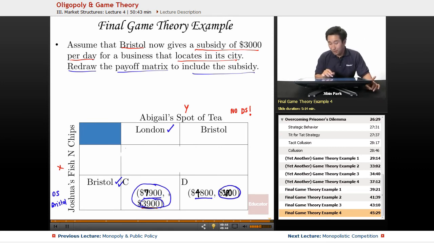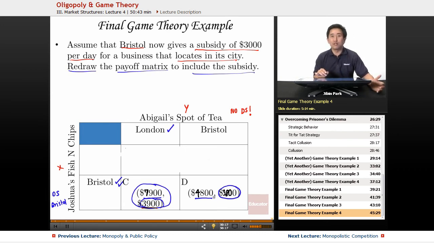Now, there's a point of contention here. One could argue that $3,900 is simply not that much more than $3,800. So if for some reason Abigail is competing with Joshua and the idea of Joshua making a little bit more profit is going to really disturb Abigail, then you can make the case that Abigail is going to go for Bristol as well, because that's a $2,900 loss that it's incurring for Joshua.